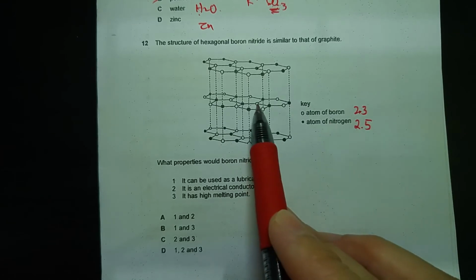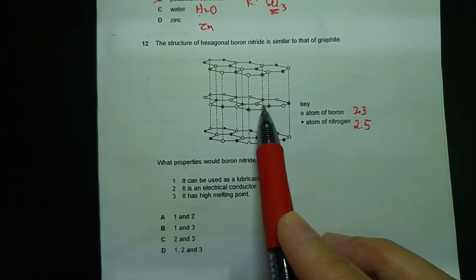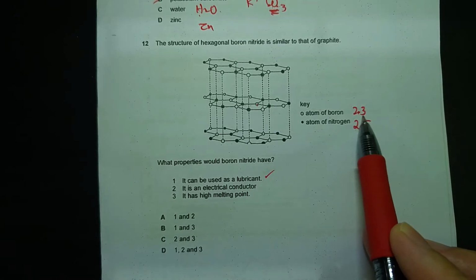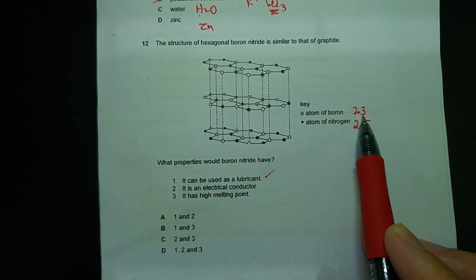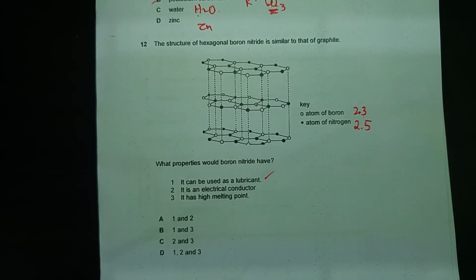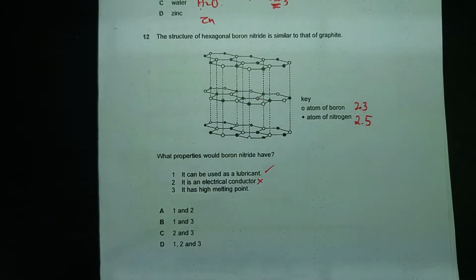So it shares 3 pairs of electrons with the nitrogen atoms. All the valence electrons are used in the bonding. So there is no delocalized electron or free electron that can move about to carry the charges. That's why it is not an electrical conductor.